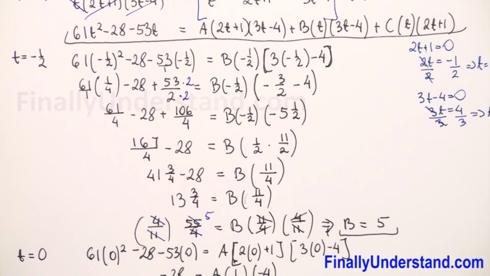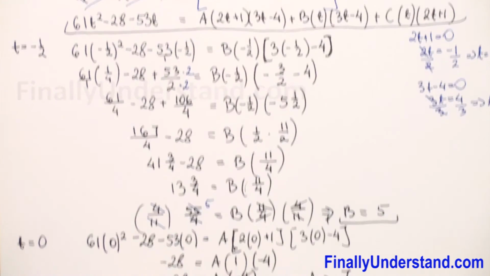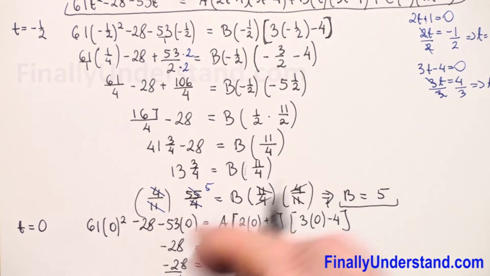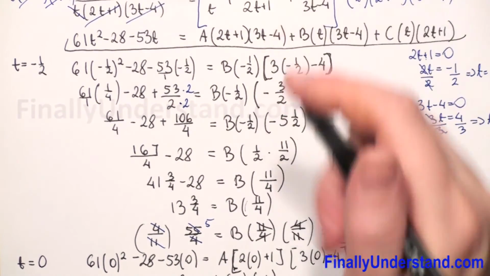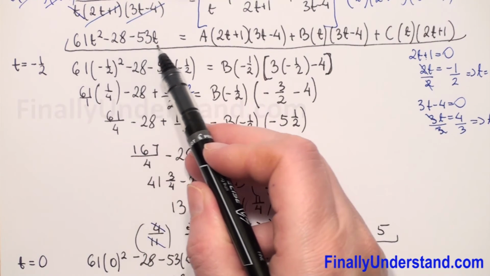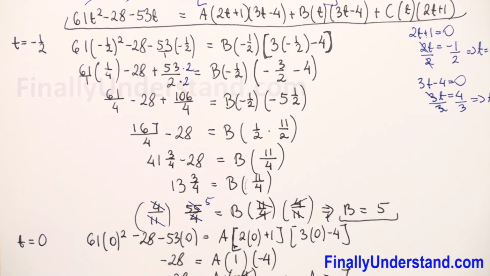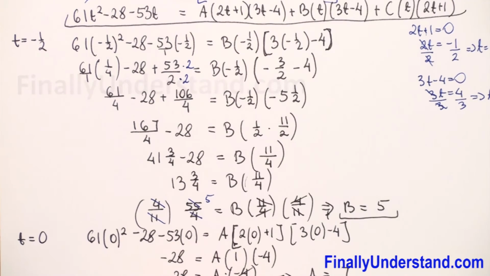So let me do this. Now t is equal to 4 over 3. Again, we have to come back to our equation and substitute every t by 4 over 3. So we have to copy 61 times 4 over 3 to the second power minus 28 minus 53 over 4 over 3.